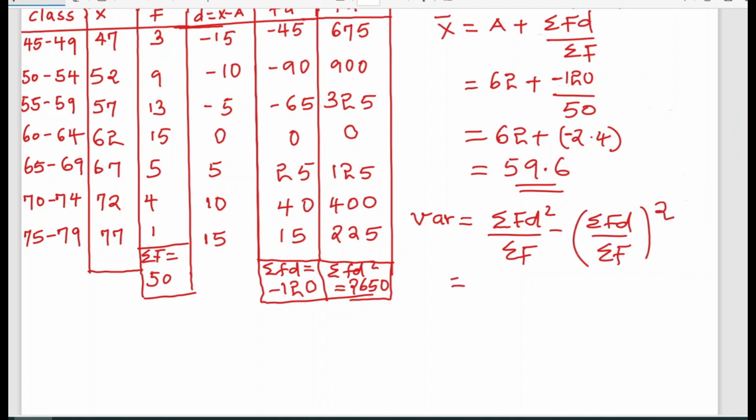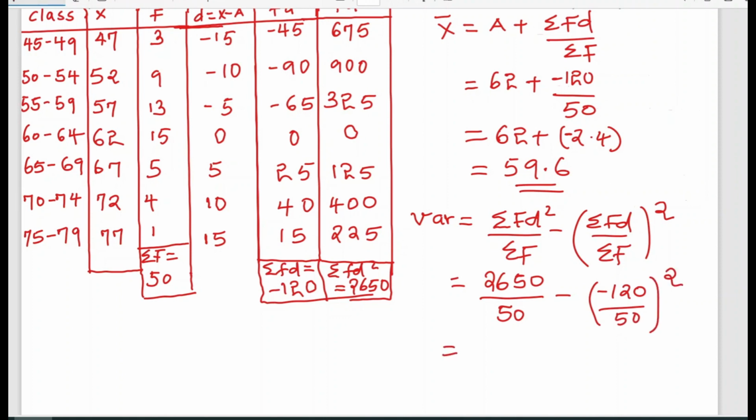What is sum of FD square? I already have 2650 from my table, divided by sum of F, which is 50, minus sum of FD, which is bracket negative 120 over 50, and then I need to square it.